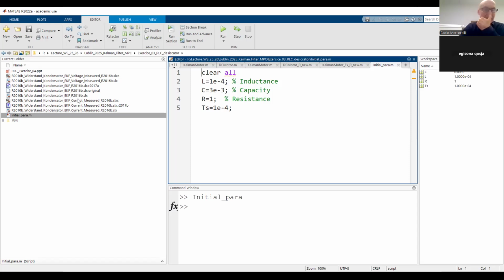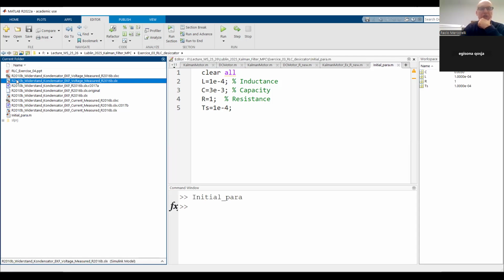Now let me open the file. Which one? I think you have voltage and current. Let me consider one of both.